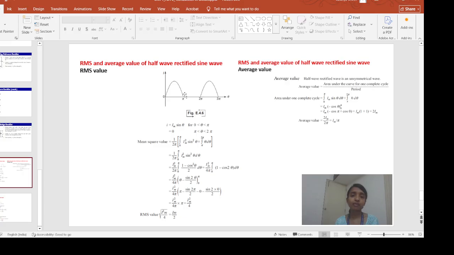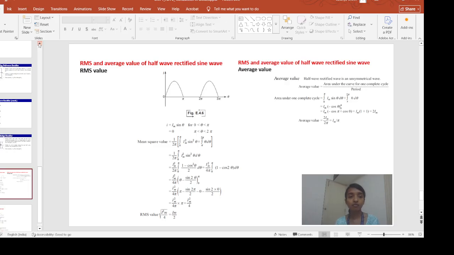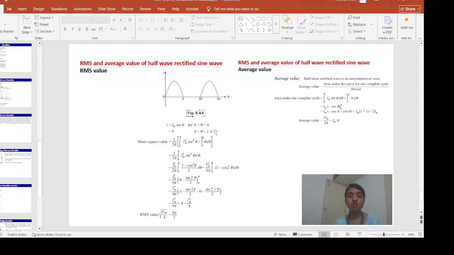See, for half wave rectified sine wave, this is my output value of the current. Only for the 0 to pi interval for the half wave rectifier do we have this value. For the negative half cycle, the diode is off, so we don't have any value.